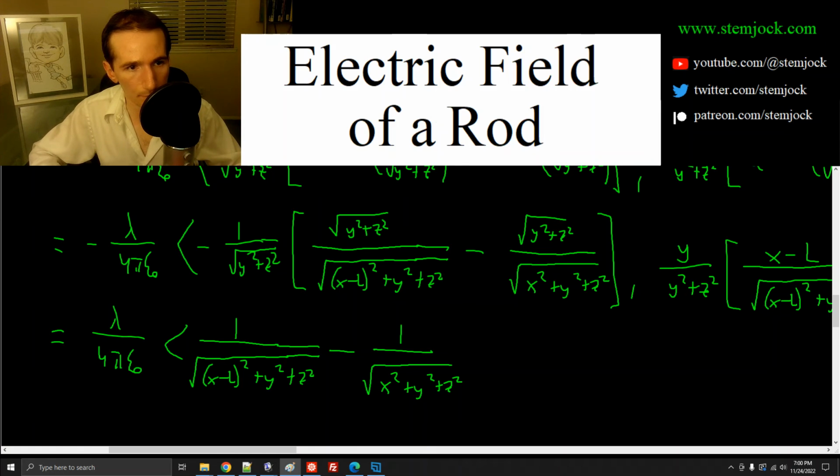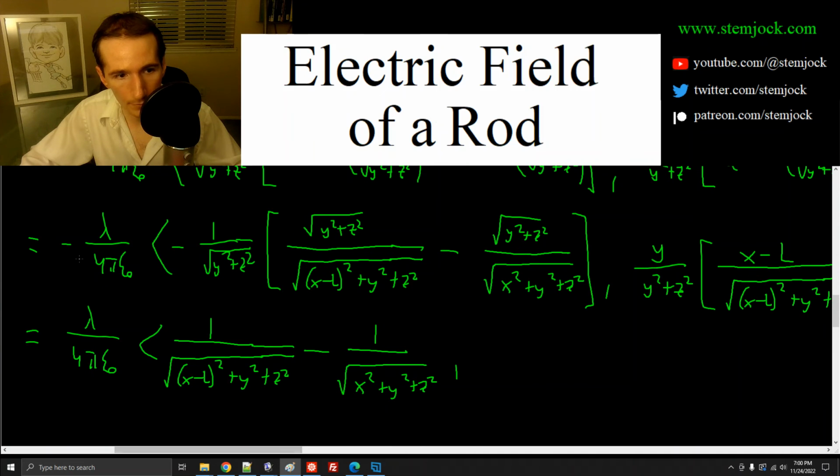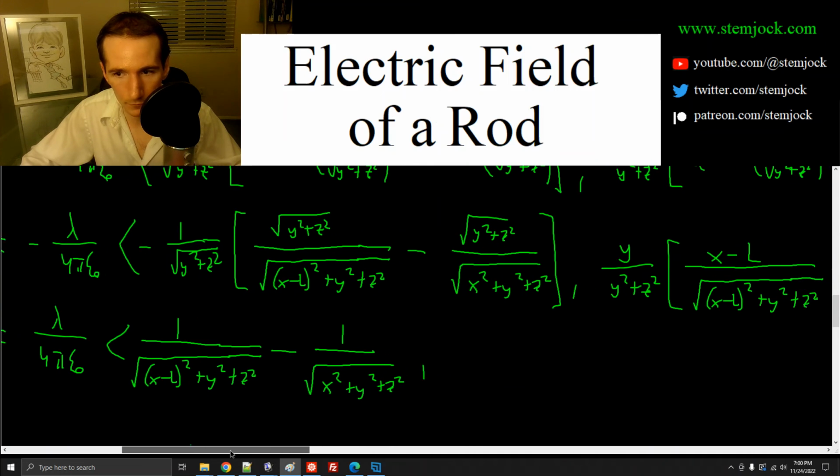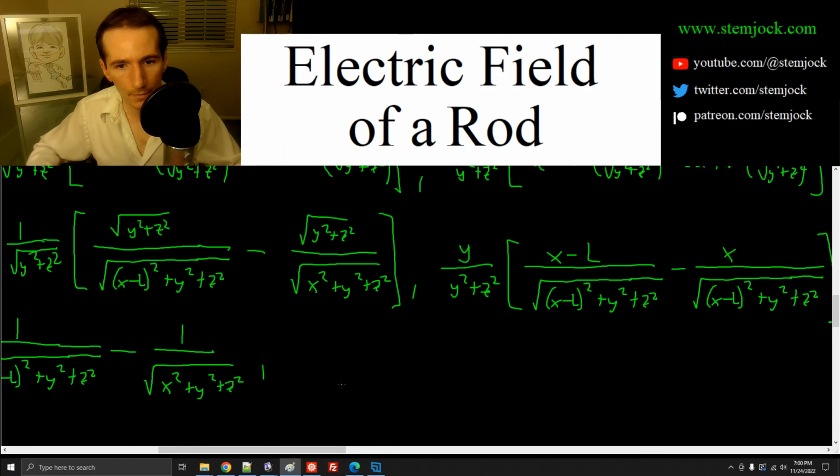So that's the first component. I distributed the minus sign, so I have to be careful. This is just going to be y over y squared plus z squared.